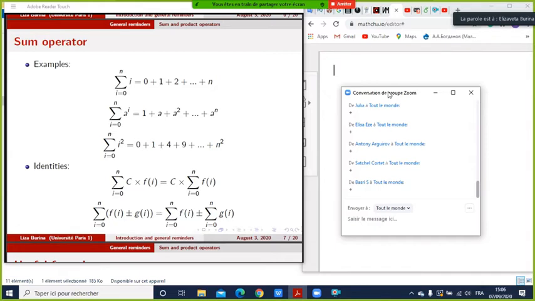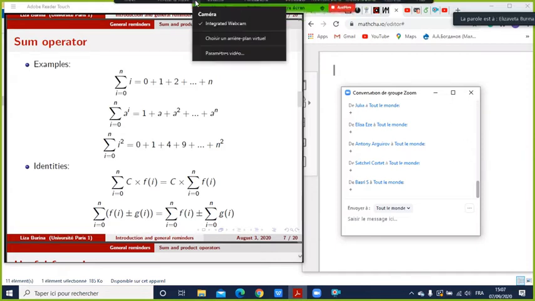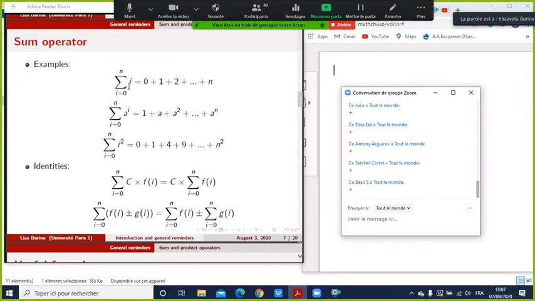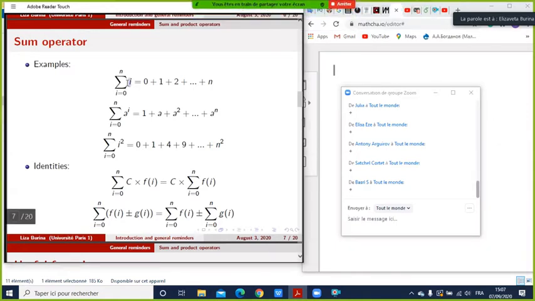So here we have examples of how the sum operator works. We usually have a variable. In this case, I have i. You have all kinds of notations. It can be k, it can be even n. And then what you have to understand is this i from 0 to n. That's what it means.